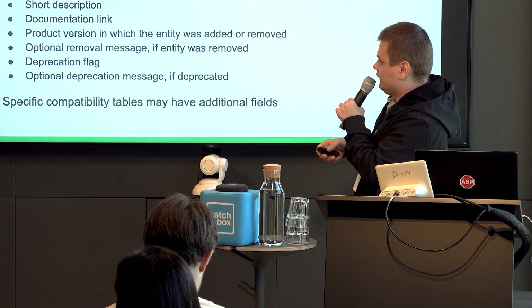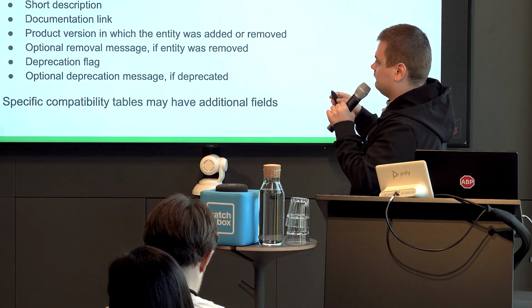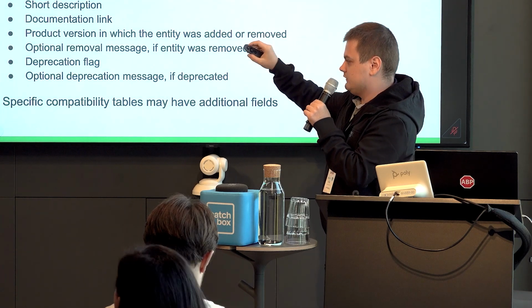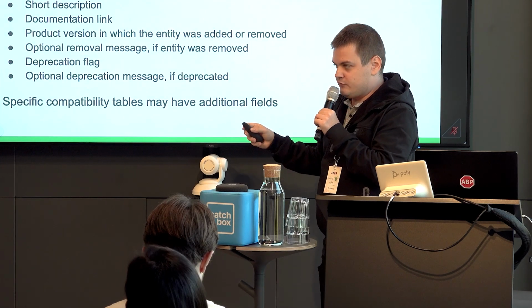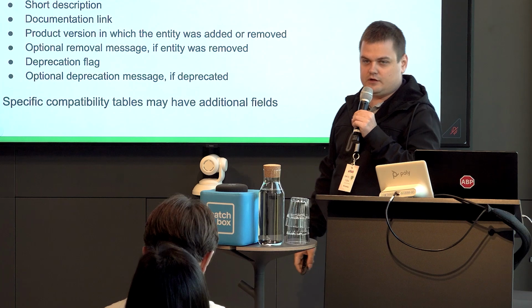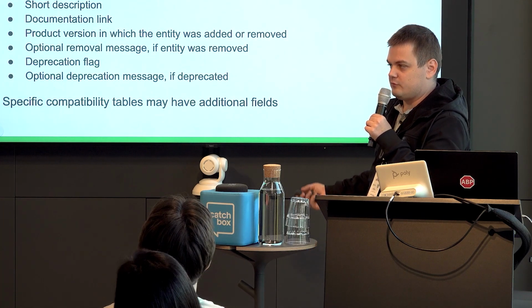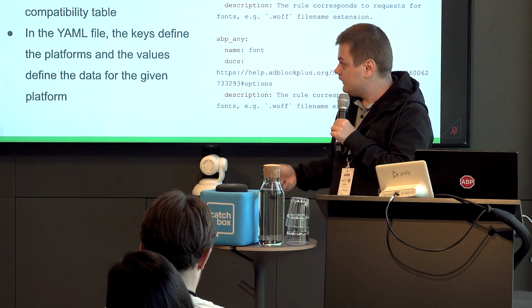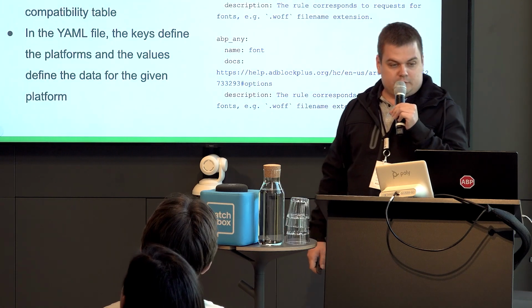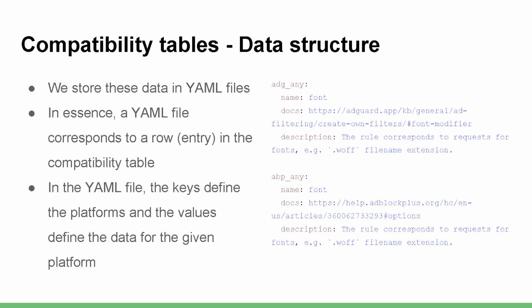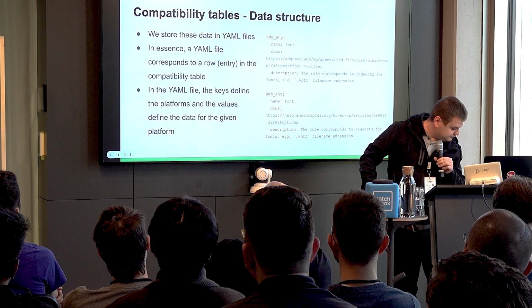For example, in general, we always store the entity name, short description, documentation link, but some specific compatibility tables have additional fields like scriptlets, for example, parameters. And for better maintenance, we store compatibility table data in YAML files, as shown in the example on the right side.